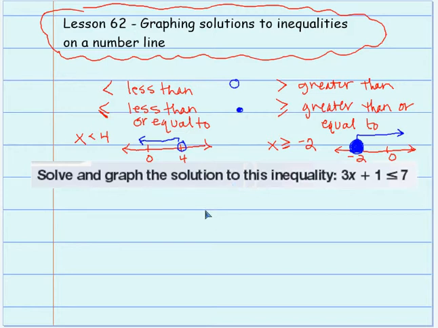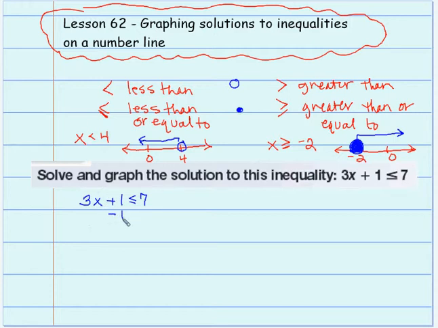Okay, so let's move on and start solving some inequalities. So we're going to solve and graph the solution to this inequality. We're going to treat the inequality as if it were an equation. And so the inverse operations are still in play. So we need to figure out where our variable is and then use the inverse operations to isolate the variable.